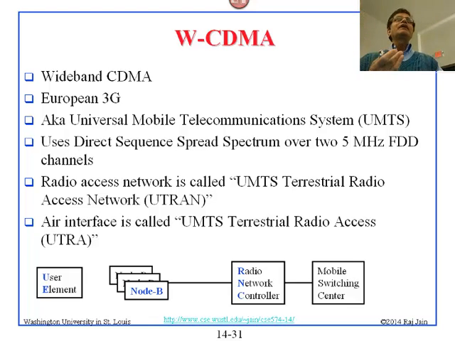Those are American, North American to be exact, European, and Chinese. So basically, we are talking about which version here? European version. WCDMA, European 3G. It is also known as Universal Mobile Telecommunication System, UMTS.